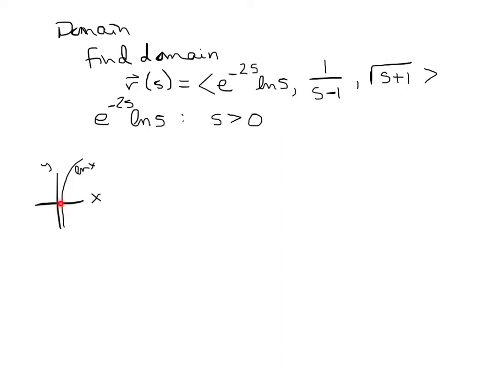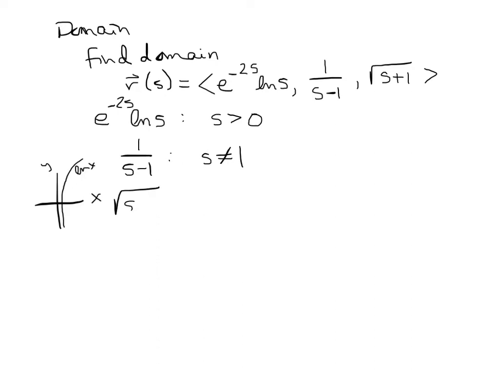X does not quite reach 0 on this graph, and it's never negative. So the only values of x that work for natural log of x are ones that are bigger than 0. All right, so that's the first part of it. 1 over s minus 1: this one has a division by 0. Everything else is okay, but s can't be 1 because we can't divide by 0.